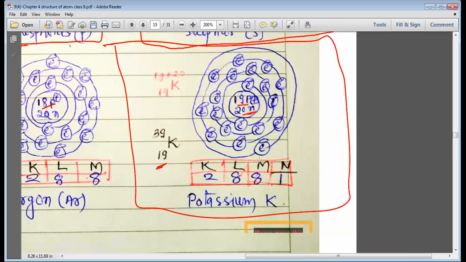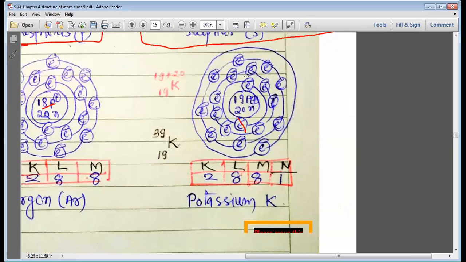Now you can see that this potassium has got 2 electrons in its K shell, so we write 2 for K, then 8 electrons, 1, 2, 3, 4, 5, 6, 7 and 8 electrons in its L shell. Then when we look at the M shell, 1, 2, 3, 4, 5, 6, 7, 8.